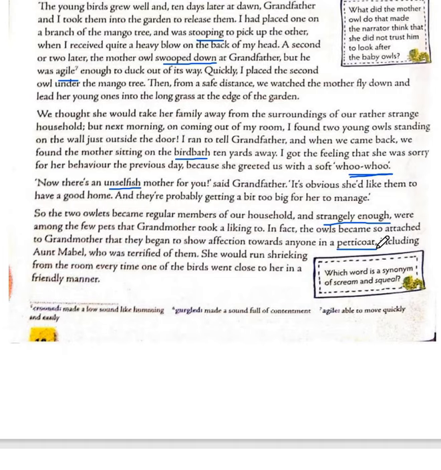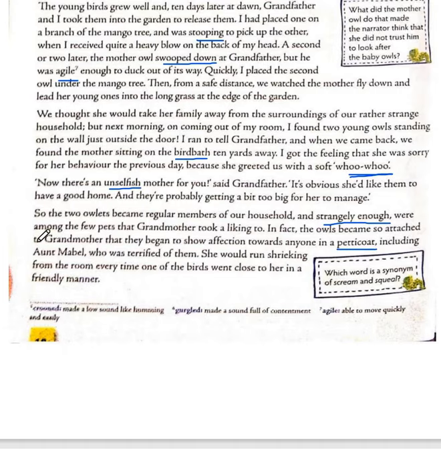Whenever somebody was dressed in the manner of grandmother, the owlets would think it was grandmother herself, and they would show reverence, obedience and affection towards that person, including Aunt Mabel.